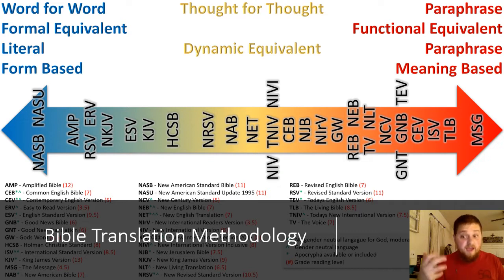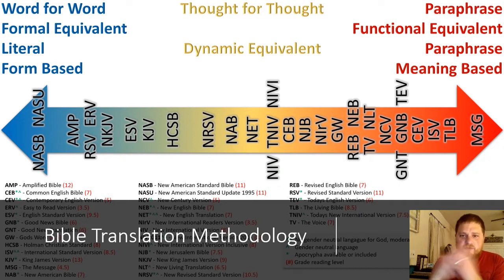Now, that would technically be a functional equivalent, but I would like to say it's proper equivalent or optimal equivalent, because you're being true to the word, but you're also taking a little liberty there to say, well, we need to convey the meaning here. And there are a plethora of examples that we could go to, but to move on.